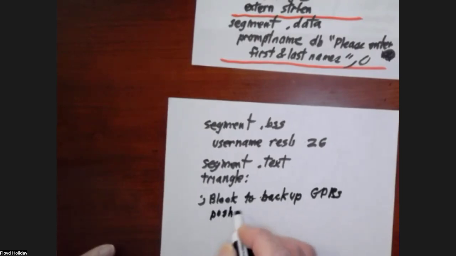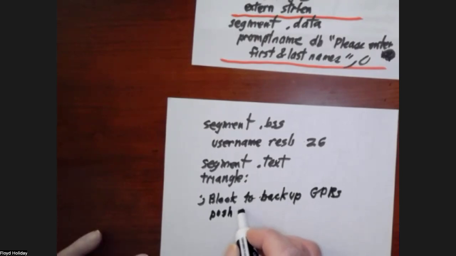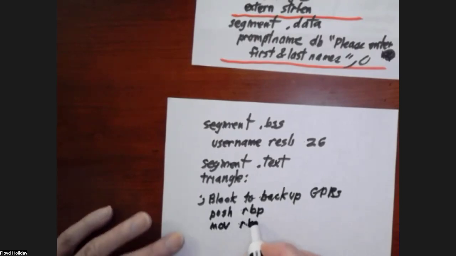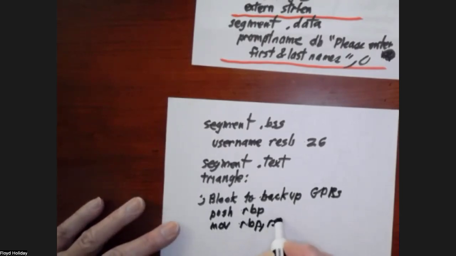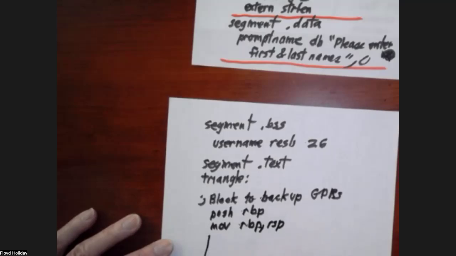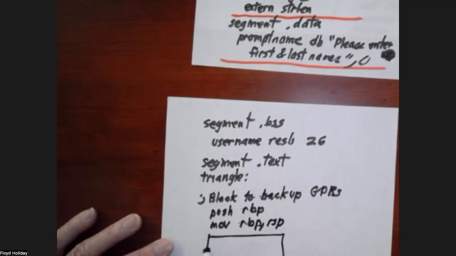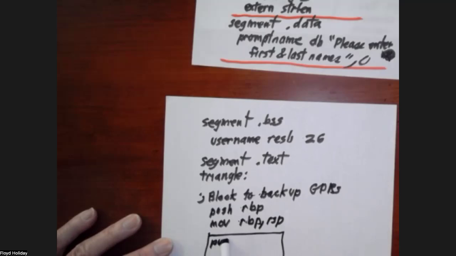The first two are mandatory. Push RBP and a move statement, move RBP, RSP. After that, you push all the general purpose registers, push all GPRs.